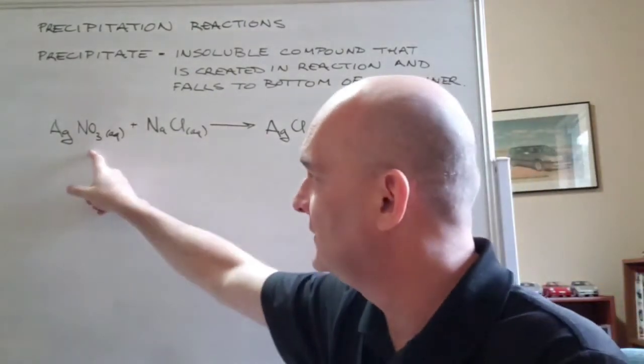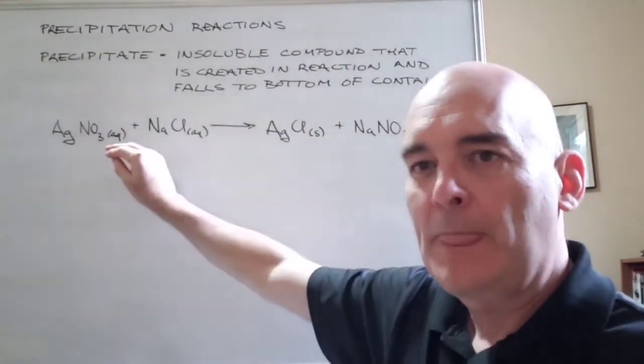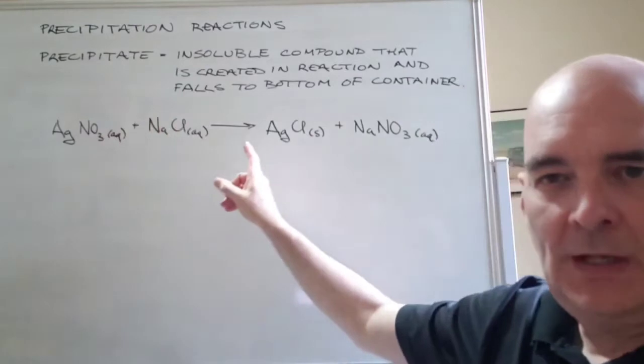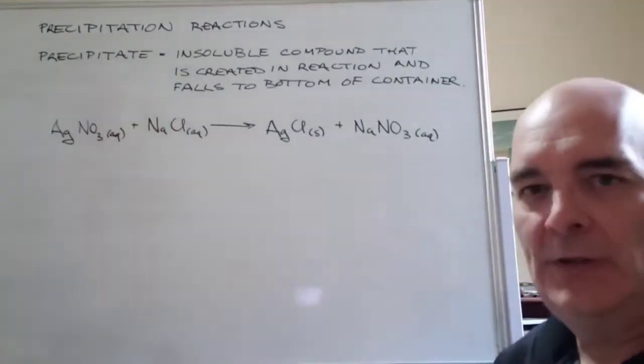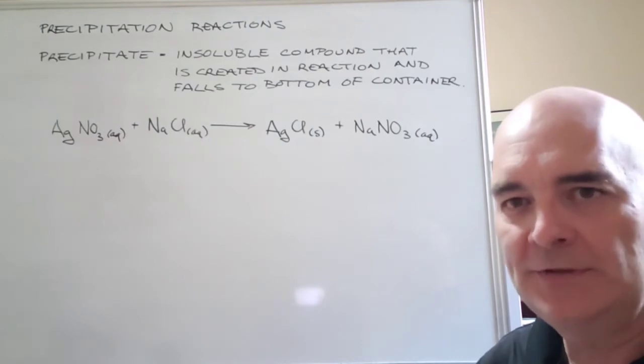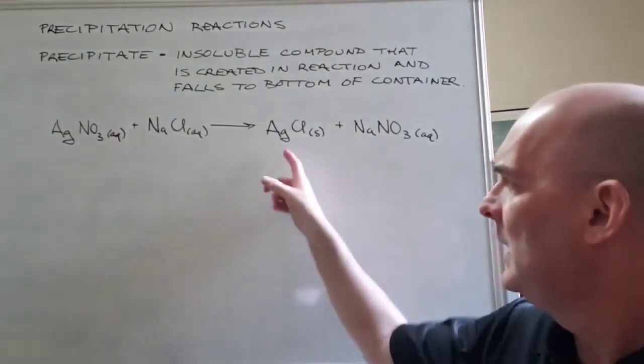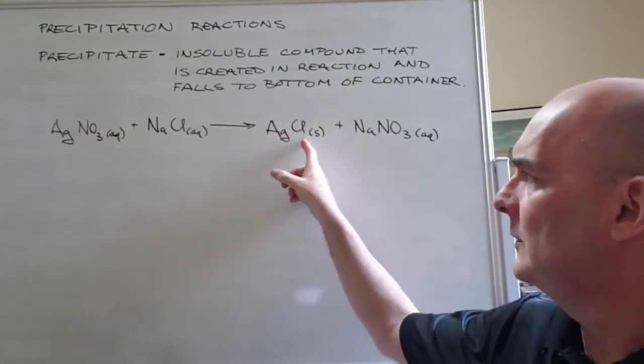I can guarantee that silver nitrate is soluble in water, and when I mix them, they do a reaction. Can you spot what kind of reaction that is? That's a double displacement, where the cations change places with the anions, and I make silver chloride.